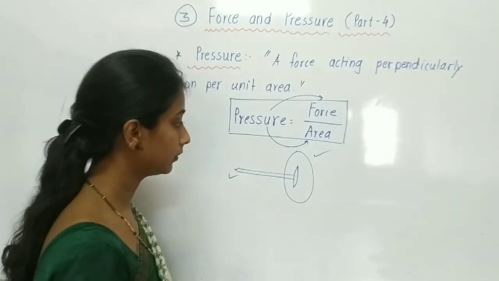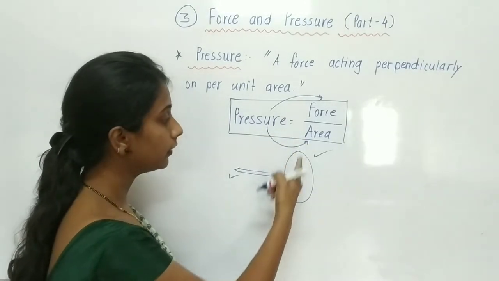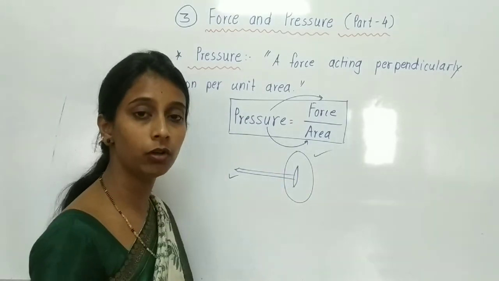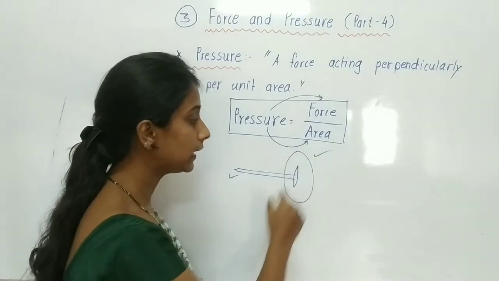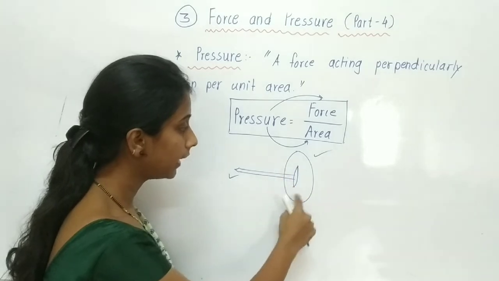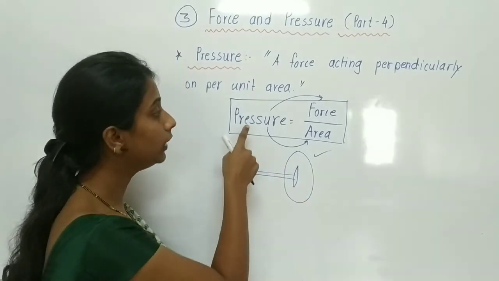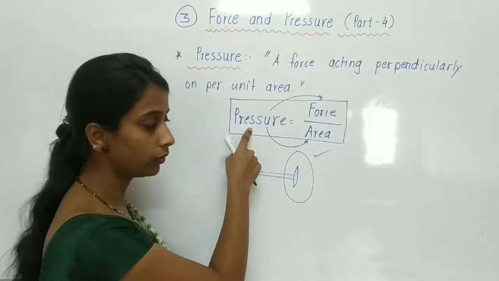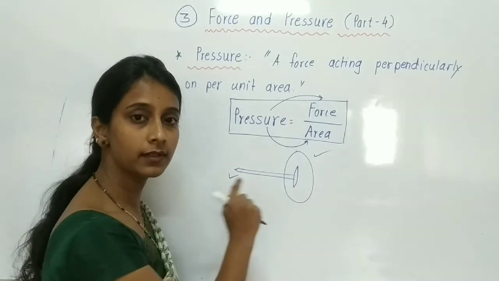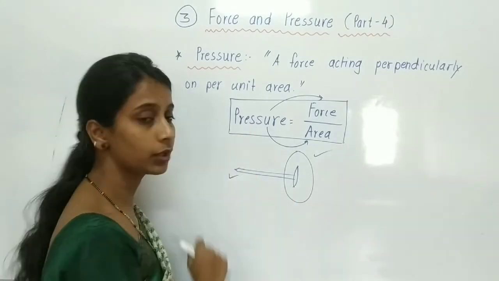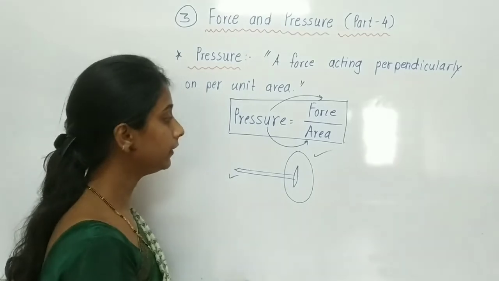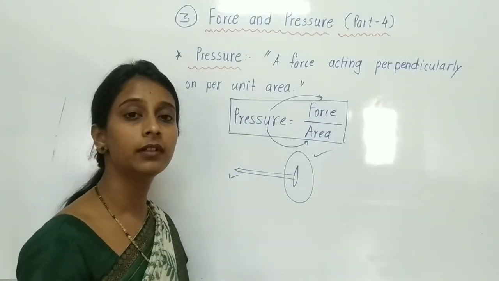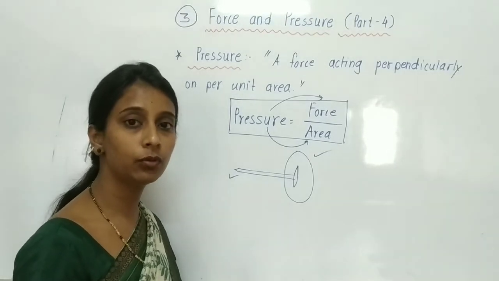Why does it happen? Here the area of the end of the nail matters. As this side has a large area, less pressure is created, and due to less pressure, the nail will not penetrate into the wall.